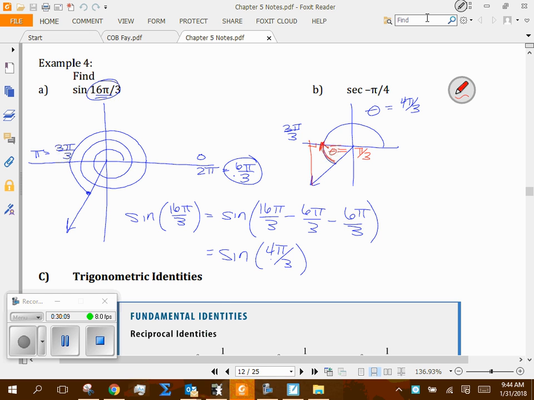Okay. Now, this is something that you guys are going to want to maybe commit to memory. And there's going to be a better approach to this later on, where we don't necessarily always draw in the right triangle. These right triangles are going to lead to something called the unit circle. You've heard that word before?